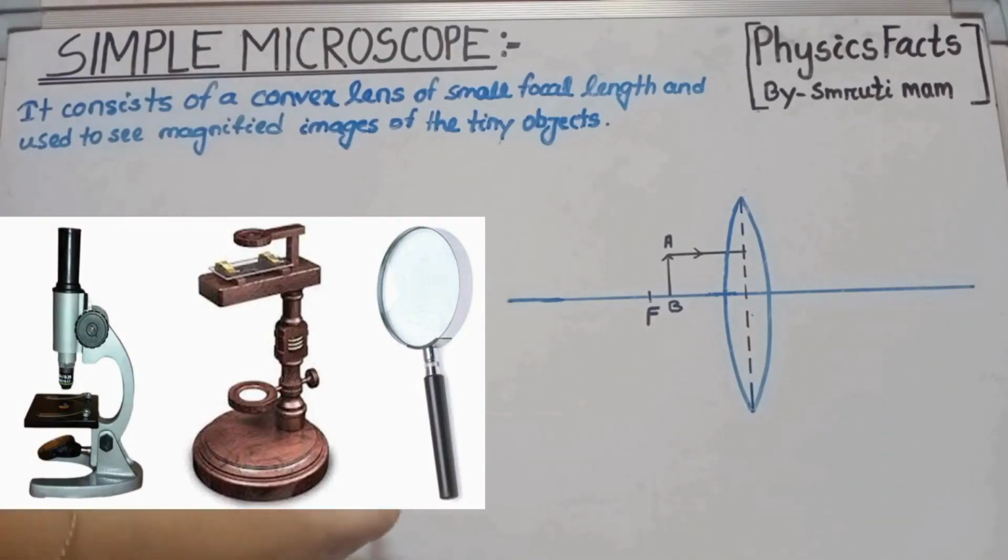Here the magnifying lens, which is commonly used in our daily life, is used to magnify image of any object, and this too in our school or colleges in biology lab it is used to magnify any biological slides. Then how that simple microscope is working, we discuss in this chapter. Okay?